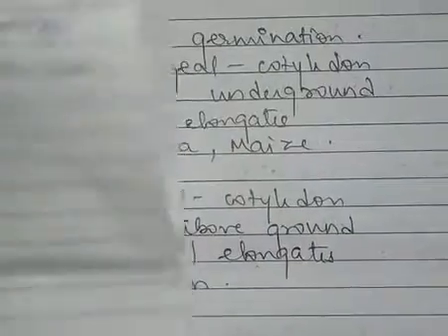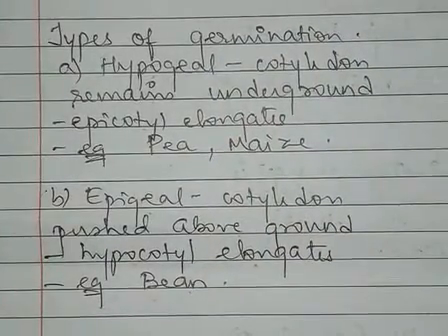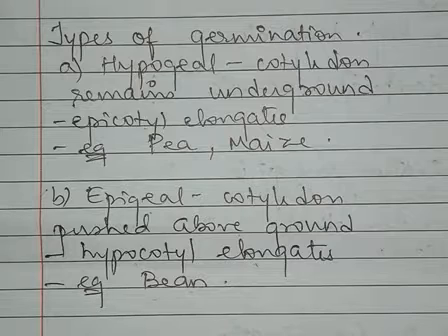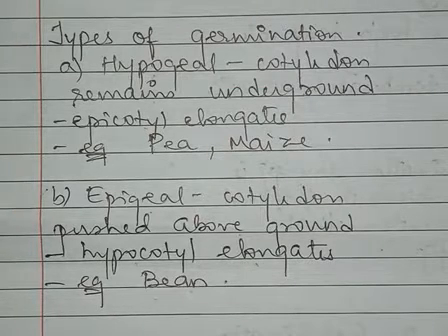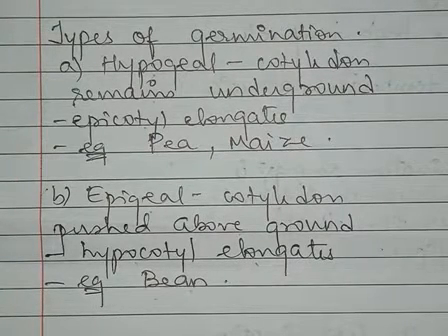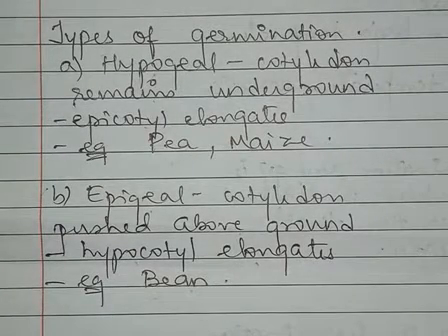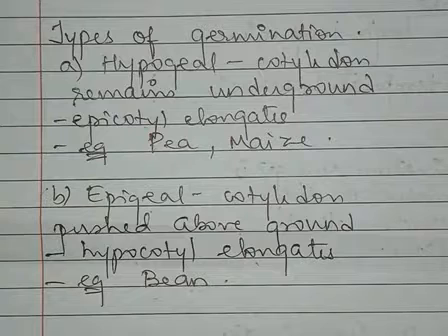Okay, so we have studied two types of germination, hypogeal germination and epigeal germination, right? Now you should remember that in case of hypogeal germination, epicotyl elongates, and in case of epigeal germination, hypocotyl elongates. Okay, hypogeal means below the soil.